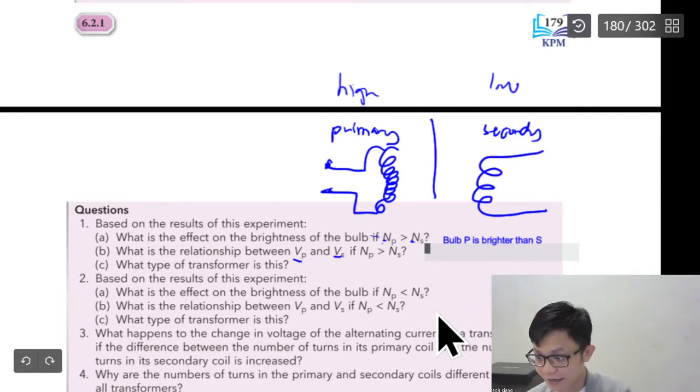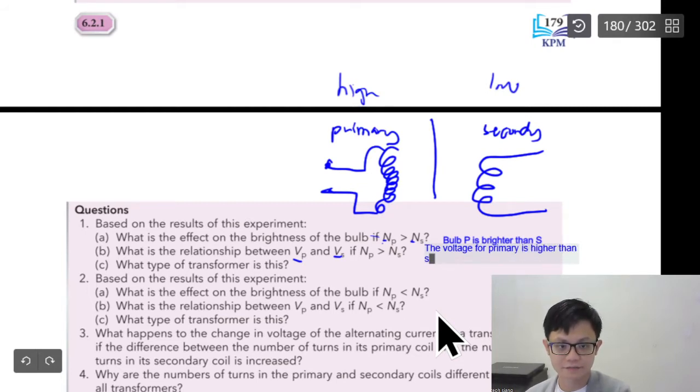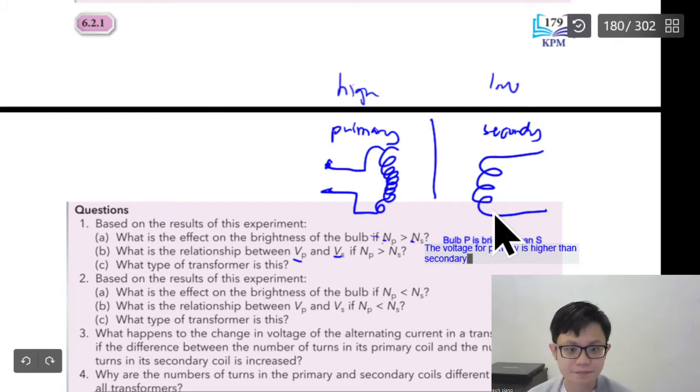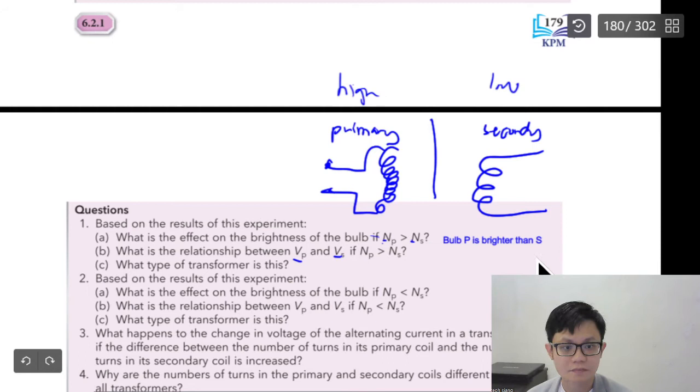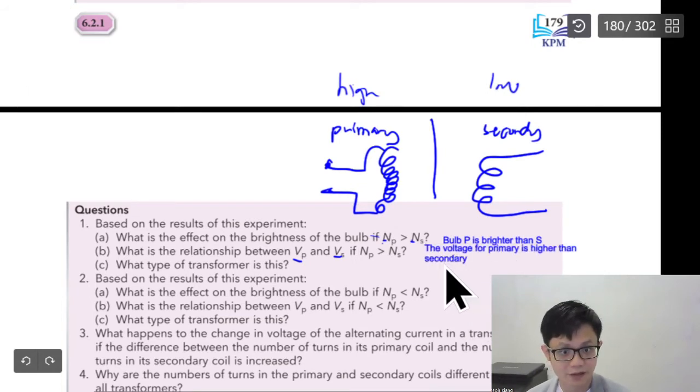So I just write: the voltage for primary is higher than secondary. Make sense? Hope you can understand. If you don't understand, you can ask, and I will reply to you.